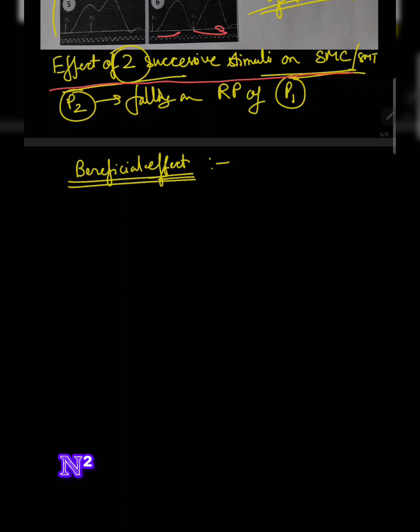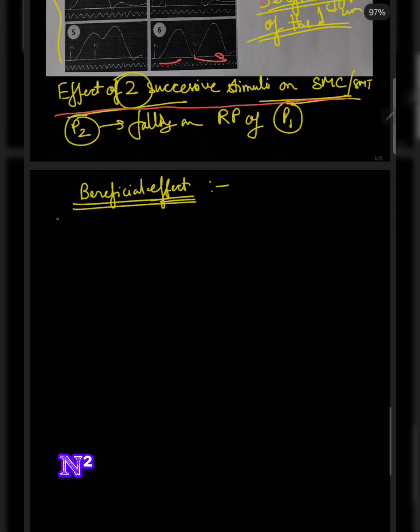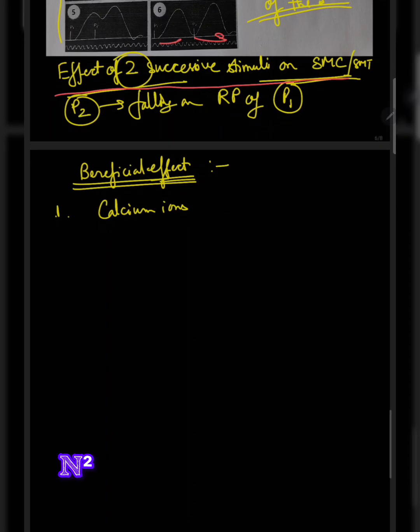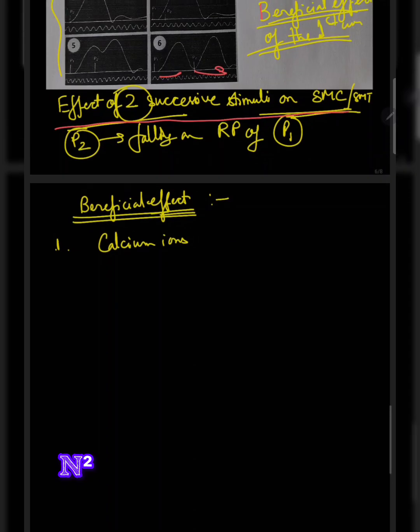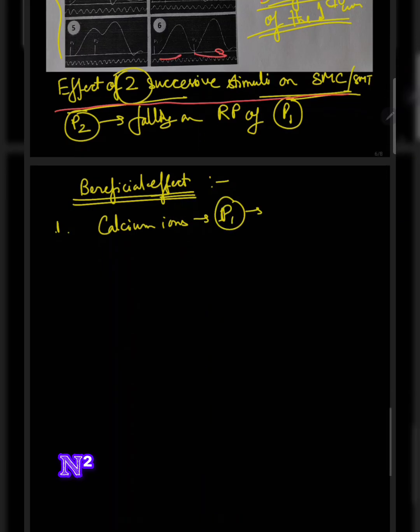It happens because of, number 1, the presence of calcium ions, which are needed for excitation contraction coupling, which were released for the first curve, that is the P1 curve, and are remaining in the vicinity. So when the second stimulation arrives, they are already present.